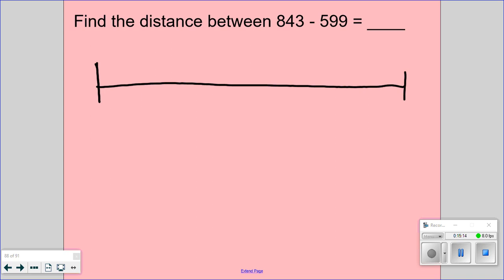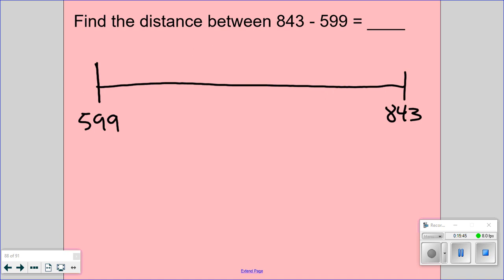What's going to be my start number on my number line? 599. 599. Very good. Which means what's my ending number on my number line? Huxley? What is that? 843.